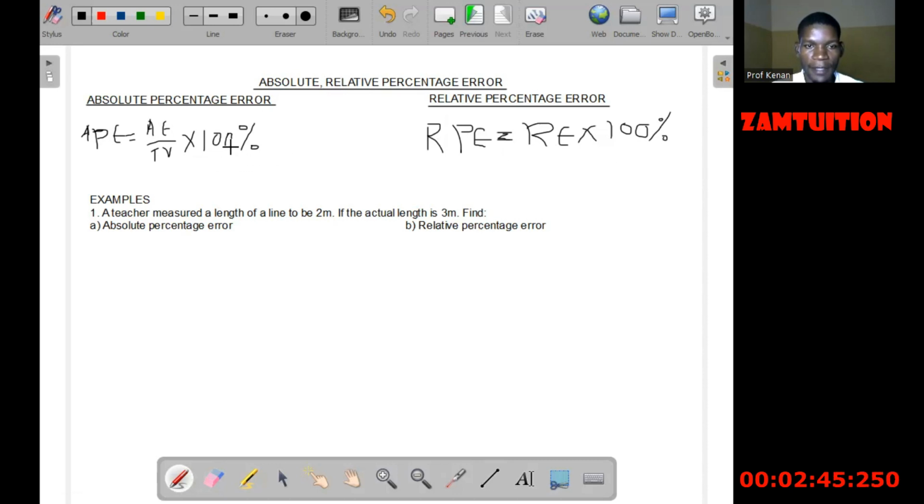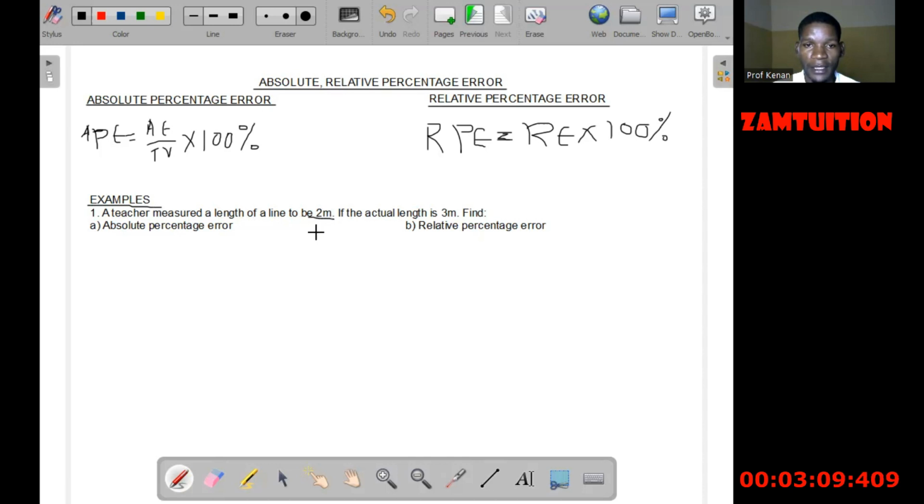We are talking about percentage because percent is out of 100. We are using the same example that we used when finding the absolute error and also the relative error. A teacher measured the length of a line to be 2 meters.